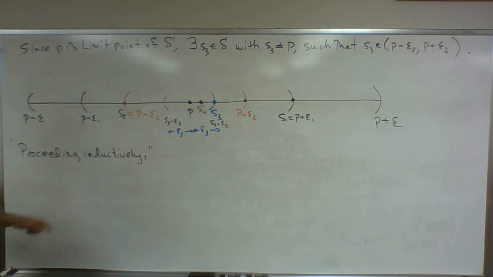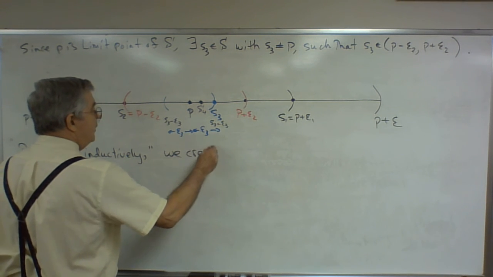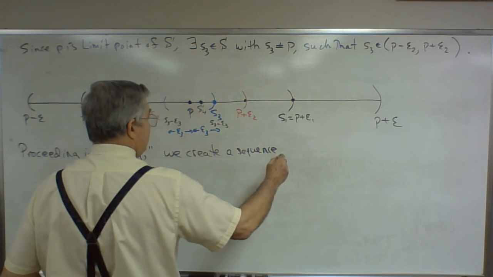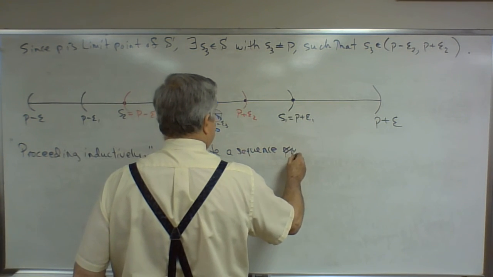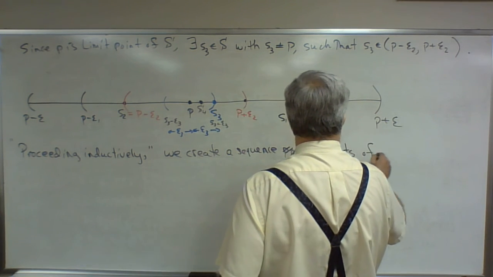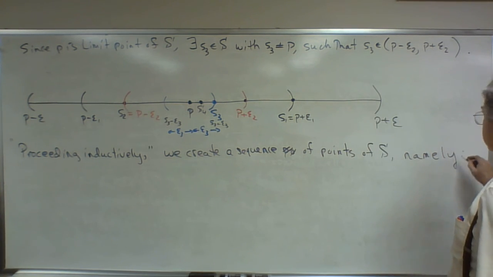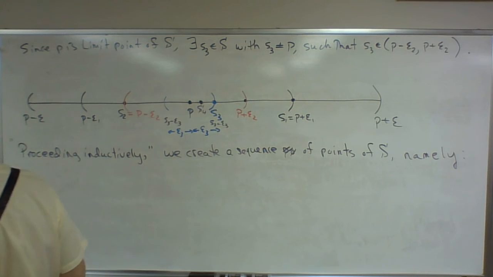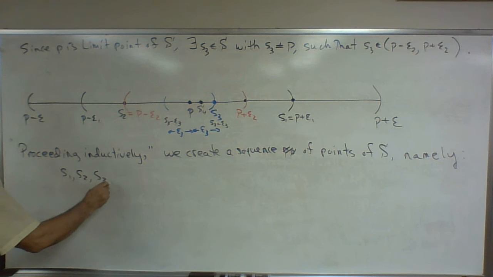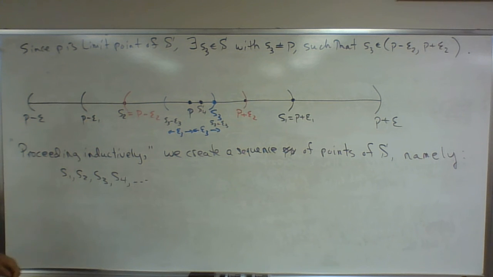So I'm going to say, proceeding inductively, we create a sequence of points of S, namely S sub 1, S sub 2, S sub 3, S sub 4, so on and so forth.